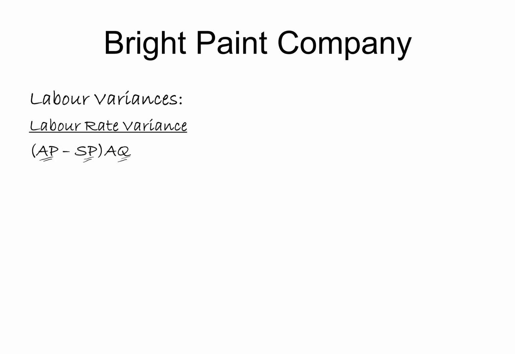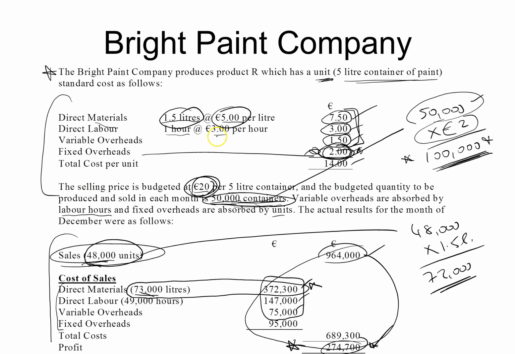So back to the question here. The standard price for labour is €3 per hour. Then down to the actual information, 49,000 hours is the actual number of hours, and the actual price paid per hour, we have to work it out, is going to be €147,000 divided by the 49,000 hours.